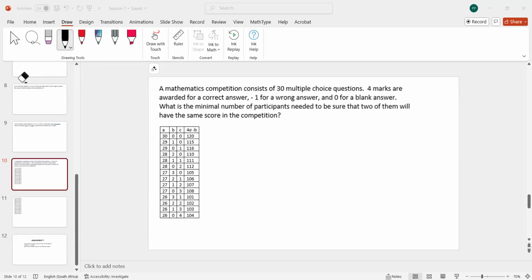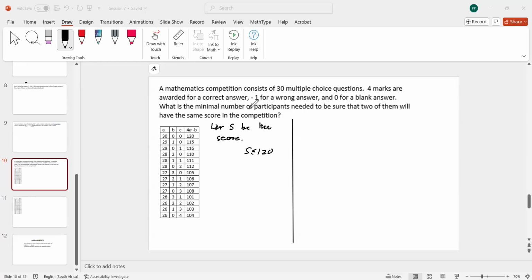Let's call it S for score. I'm going to separate this again, which I forgot to do previously. So if you've got S for score, the highest score is 120, right?